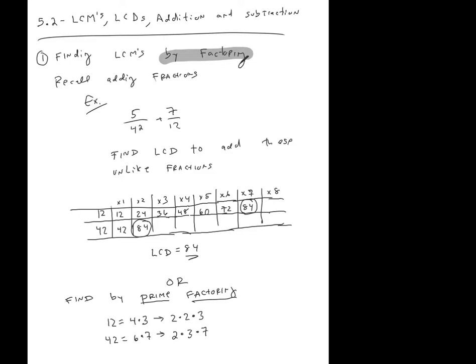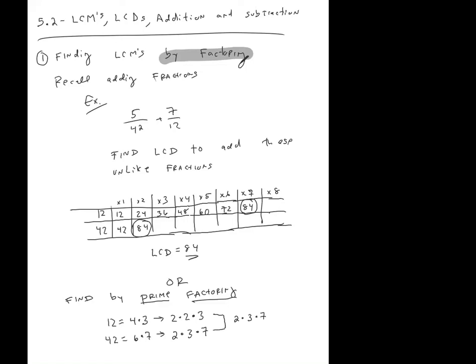All right, so now that we prime factorize them, we look at the different factors. Notice that we have 2s, 3s, and 7s.